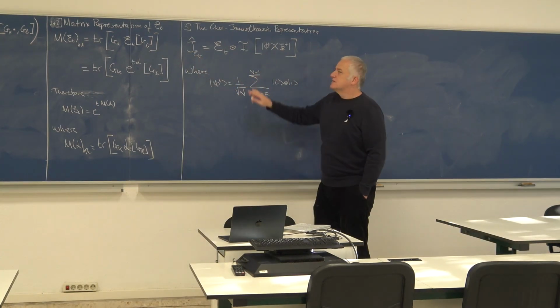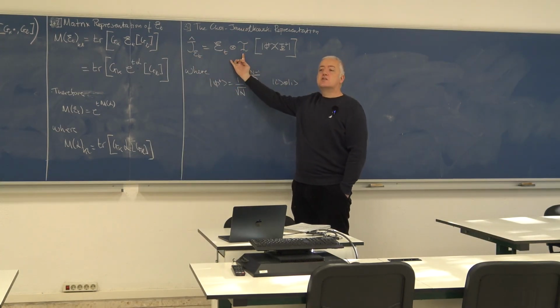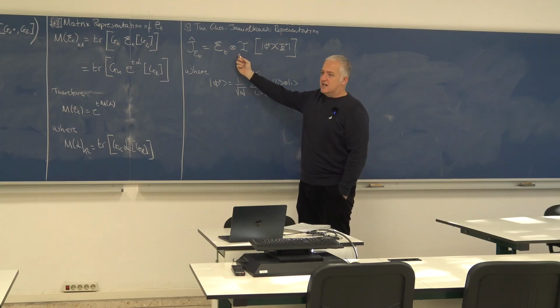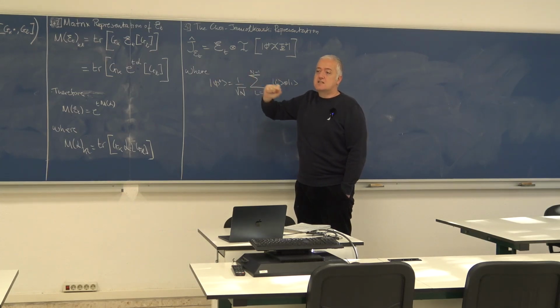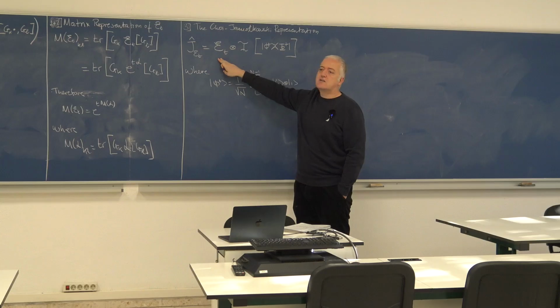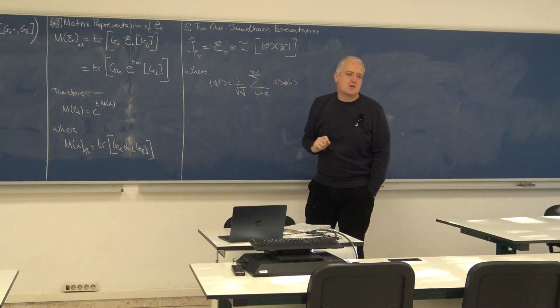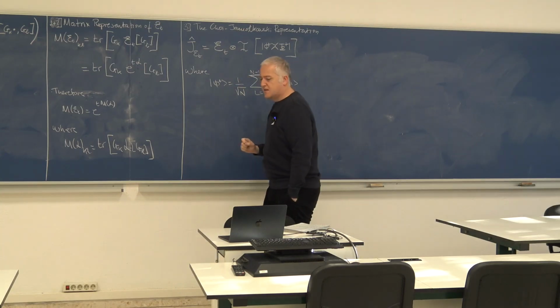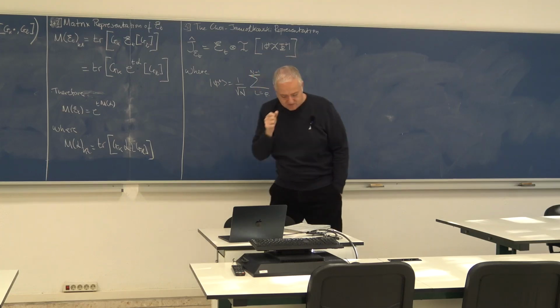Again, a reminder, you can switch the order here if you want, so you can apply it on the second register. I normally apply it on the first one because we're going to be using these vectorization identities. Having the channel on the first register makes the vectorization a little bit simpler to do. We don't have to take transposes and all these things, okay?